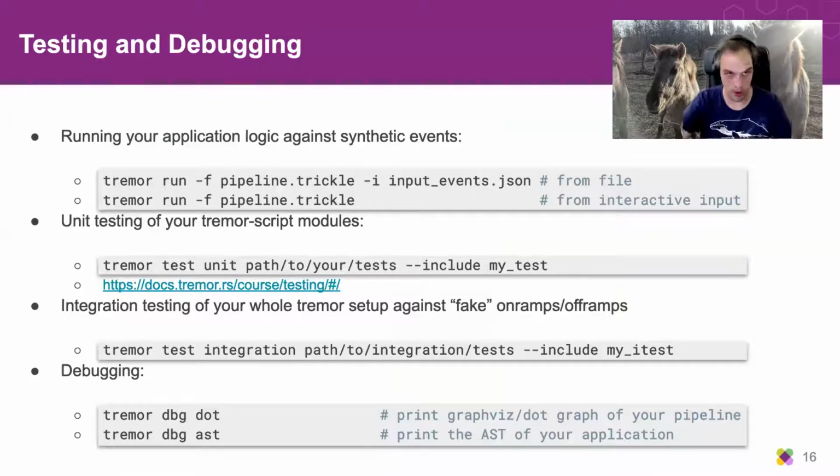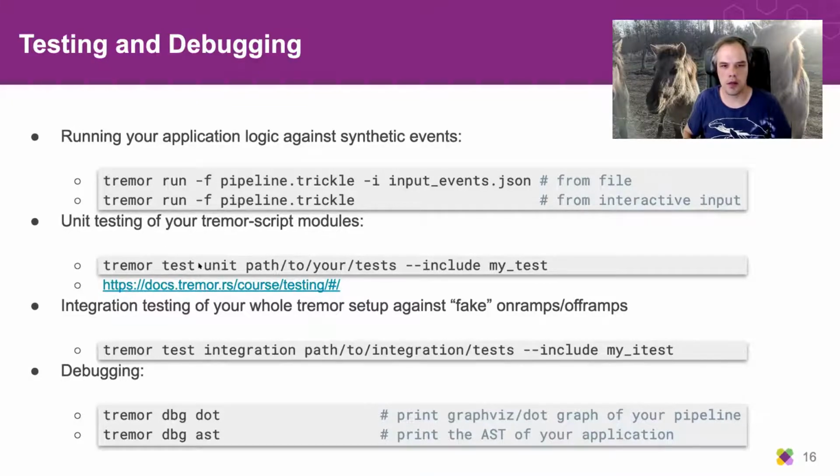And then on top, you can run your application or logic against synthetic events to do some preliminary testing, to check if it works as it should. You can input some events from a file. You can input something from the terminal or from stdin.